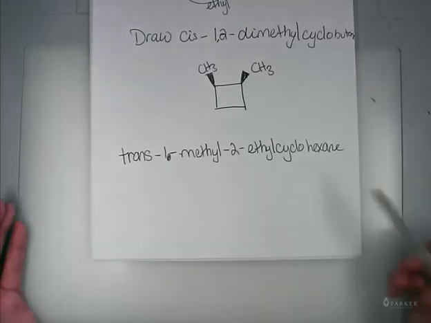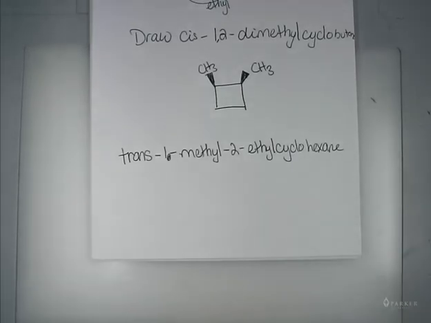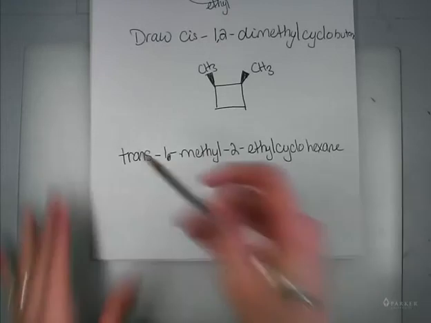So out of the two branches, methyl versus ethyl, which one do we have to make equatorial for sure? Ethyl. So the biggest one has to be equatorial. Now, if we can make both of them equatorial, that's the best scenario. But if we have to choose, then ethyl wins.